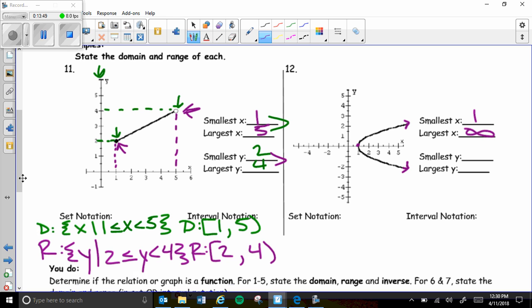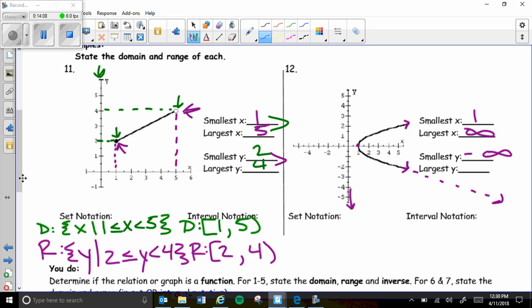Now with our y's, we have to think about it a little differently. As this keeps going on forever, what's happening to our y-axis here? It's heading towards what? It's going towards negative infinity.